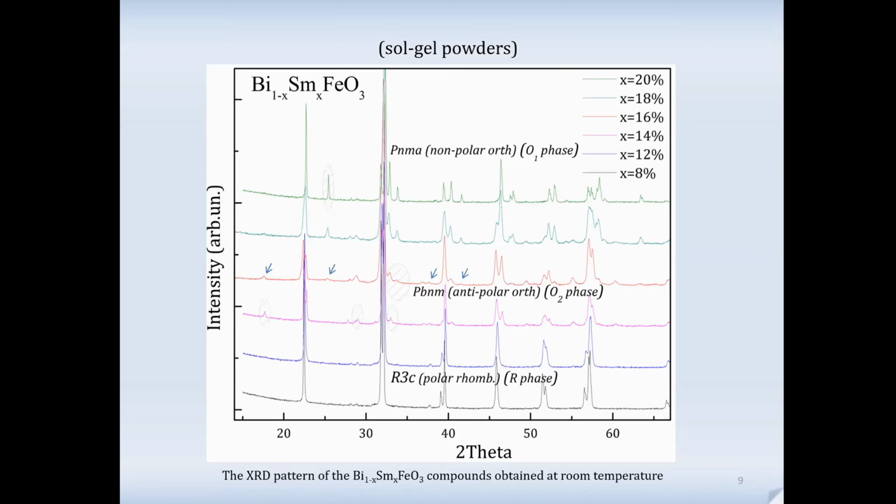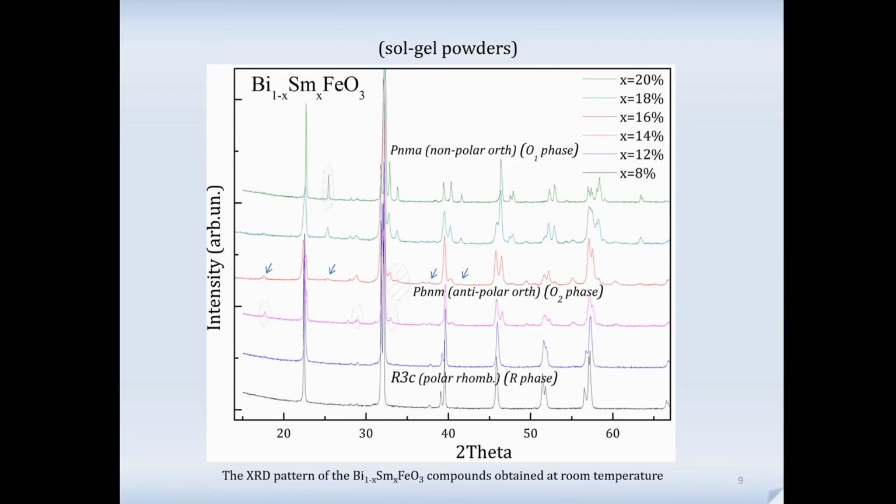What's more interesting is that we couldn't find a compound having a single-phase antipolar orthorhombic state. We always have some phase coexistence, either R plus O2 or O2 plus O1. And these concentration ranges are shifted a bit.